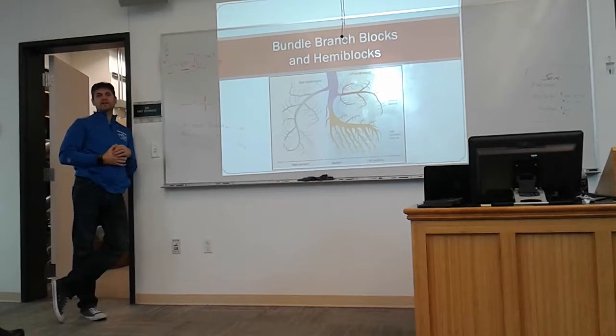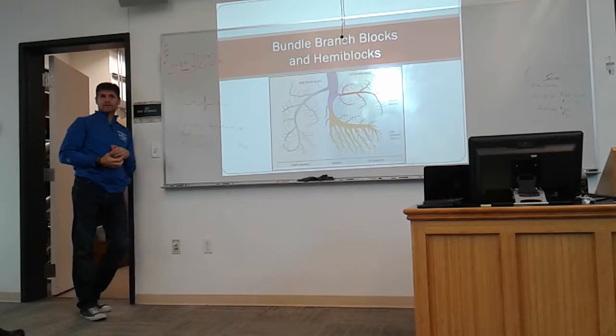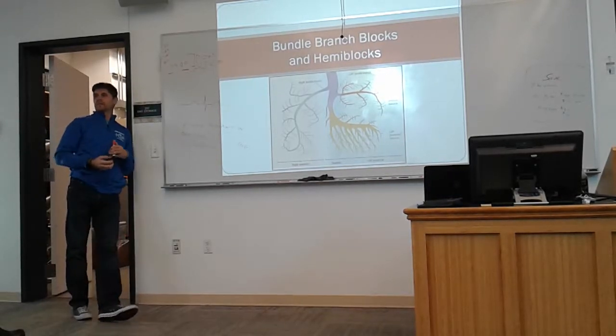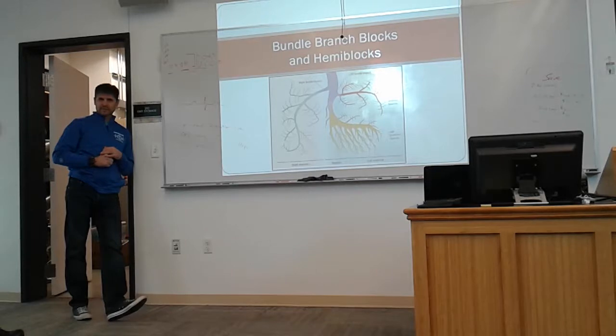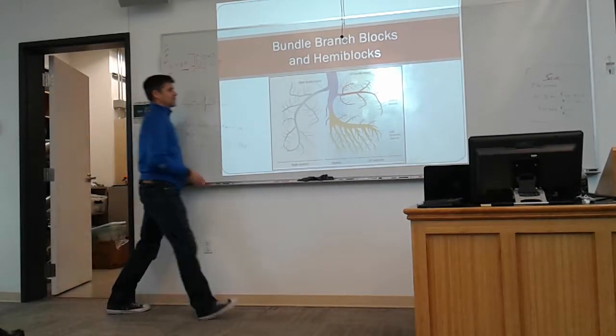So everything from the SA node to the Purkinje fibers is all in the PR interval. So my question to you originally was, where do we see the bundle branches fire? In the PR interval. That's where we see the bundle branches fire. Does that make sense? Okay.